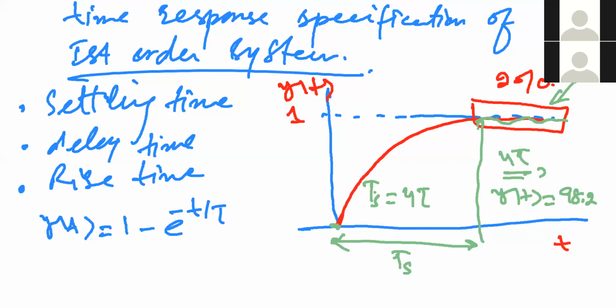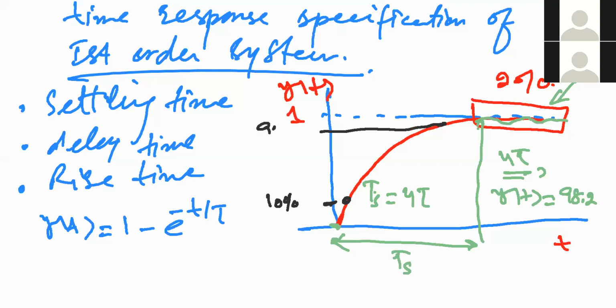Similarly, you see that when the response is increasing, let me use another marker, the black one. When the response is increasing from 10%, so this is the 10% region, to 90%, there will be some point over here when the response will be equal to 90%.